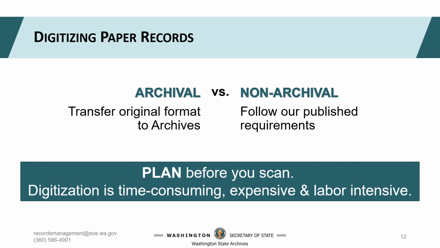Non-archival records that are frequently accessed are good candidates for scanning, especially if they are a challenge to access in their paper form. Please note, be selective about the records you digitize. Going digital does make access easier, but it can also turn a paper problem into an electronic one. Organization and planning are key no matter what format you choose to retain your records in.